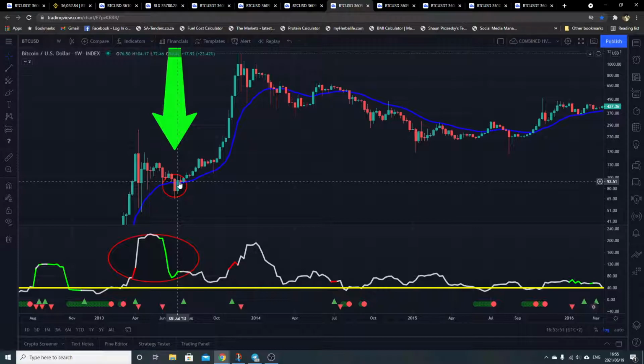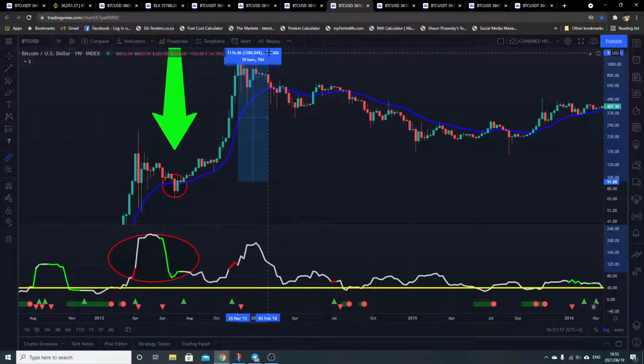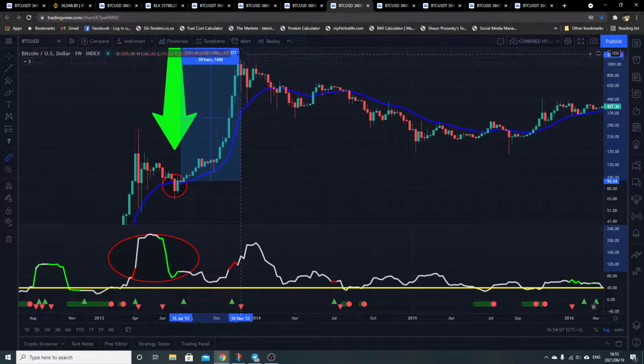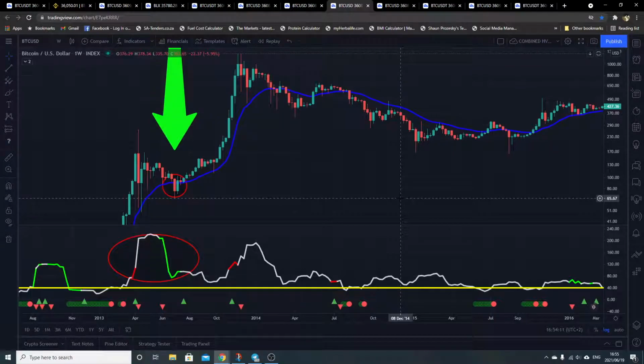Call it $100. And what happened? We got a massive pump to the upside of 1,280% over a period of 133 days.